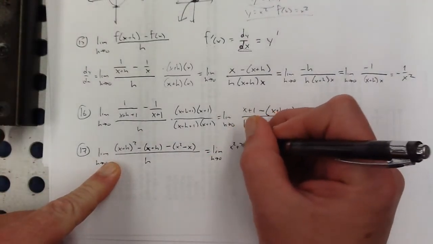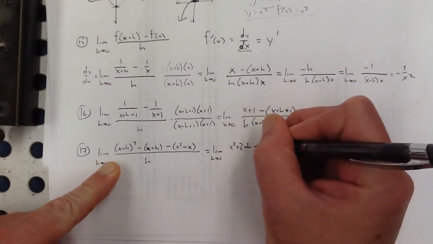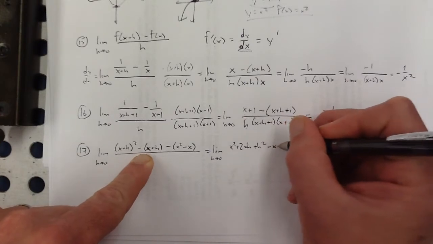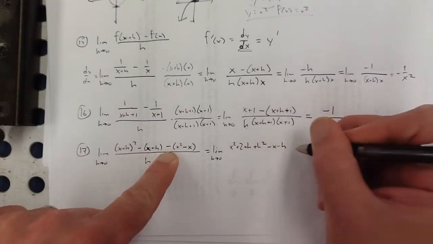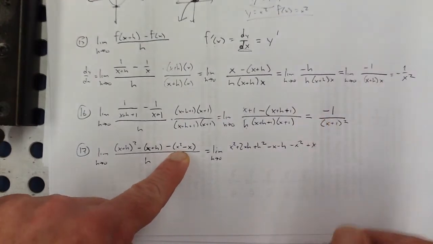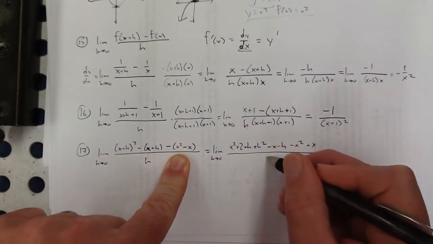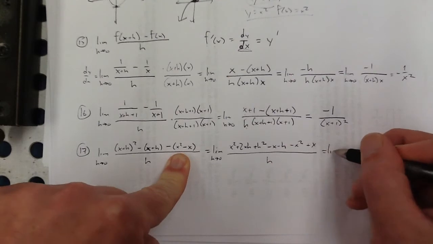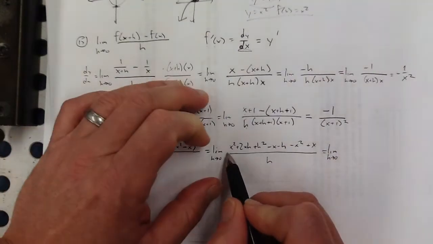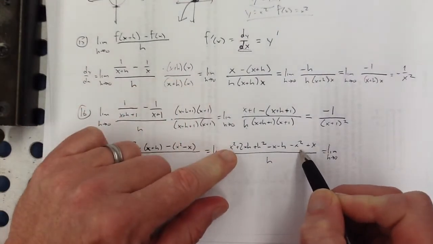X squared plus 2xh plus h squared. I'm going to distribute that minus sign. I'm going to distribute this minus sign. Okay, there's going to be a whole bunch of stuff that cancels out here. So very carefully. Got x squared minus x squared. Those cancel.